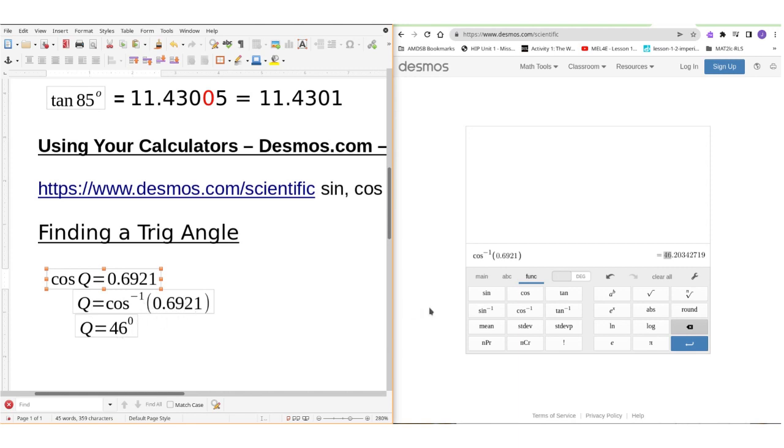And when you punch it into the calculator, you're literally just going to do cosine inverse and then whatever the decimal is on the right side, 6921, and it gives you this degrees. Now, you'll notice that I'm only doing the whole numbers. So if it says 46.2, the rounding is 46. So we're going to say it's 46 degrees and we're done.